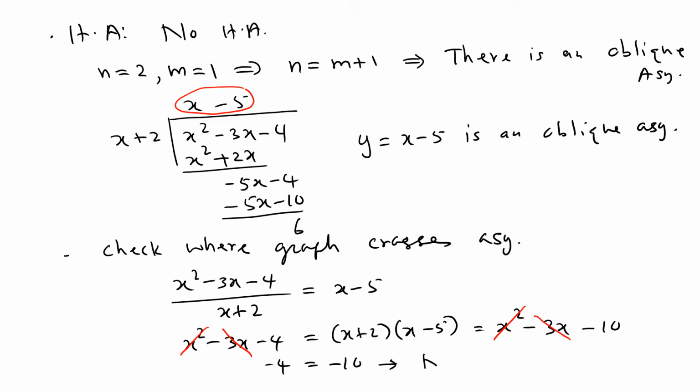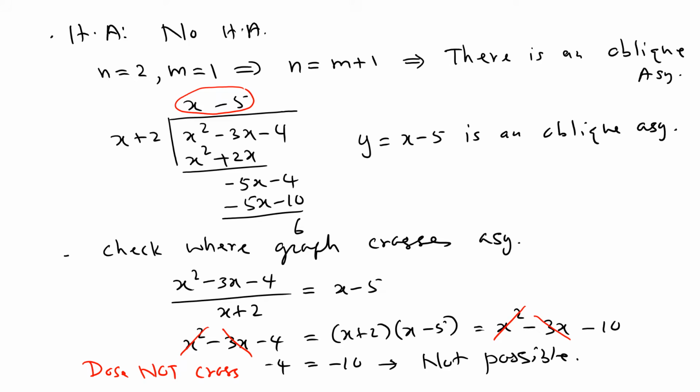This is not possible. Not possible means the graph does not cross the asymptote. Because you get something impossible if you try to do that, it's not going to work. So we have all the information we need.